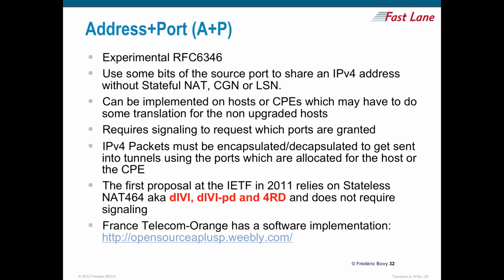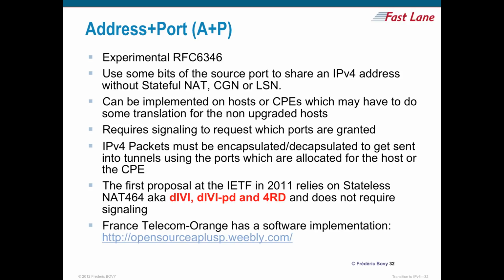A+P works by sharing an address among multiple customers, and each customer only has a range of source ports available. It does not have all the source ports, only a range of ports, and this is how we can share a public address among multiple customers.